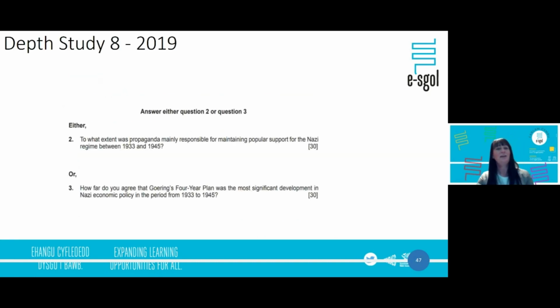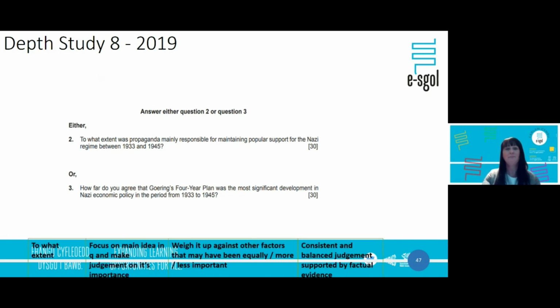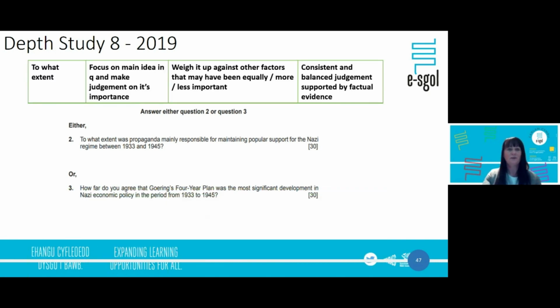So what we've got here is the Depth Study 8 2019 question. Okay, so we've got to what extent, okay, for the top one there. So remember, you'd focus on the main idea in the question and you'd make a judgment on its importance. So it says, to what extent was propaganda mainly responsible for maintaining popular support for the Nazi regime between 1933 and 45?